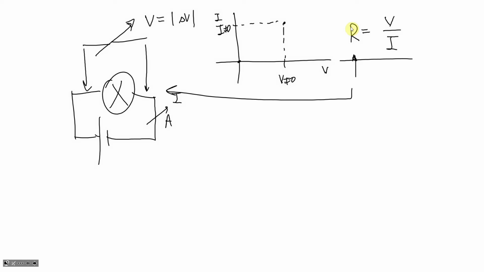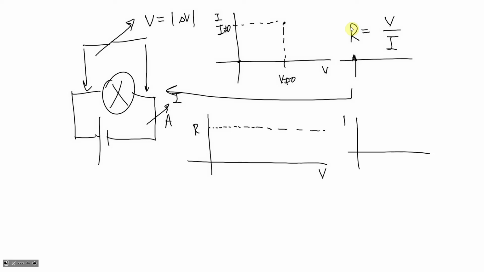The Ohm's law says that for certain materials, mostly metals, under certain circumstances, mostly when temperature remains constant or close to constant, this new variable remains constant. The resistance does not depend on voltage or current.